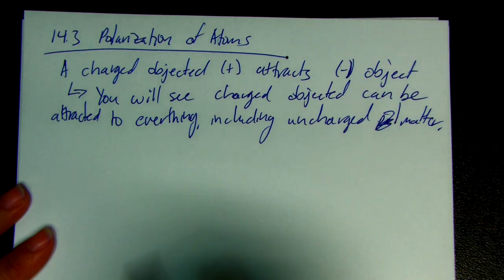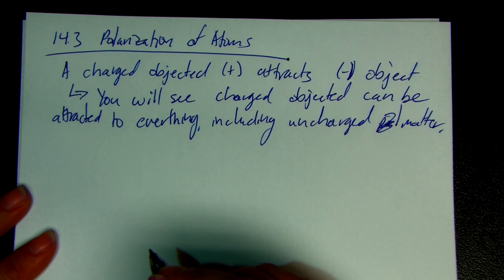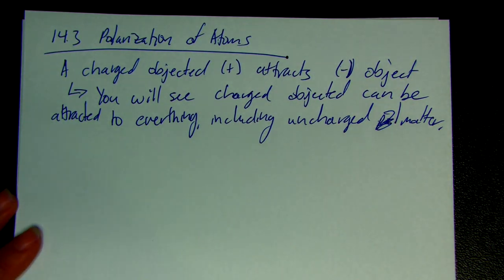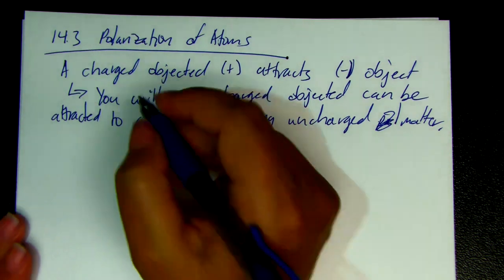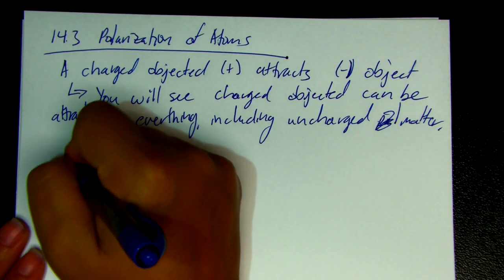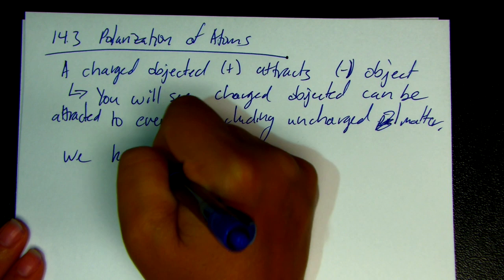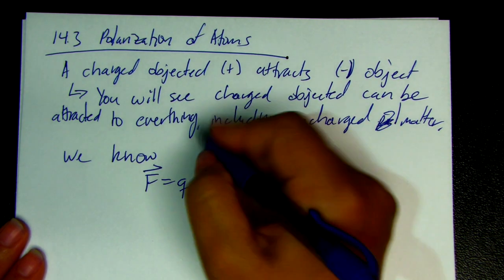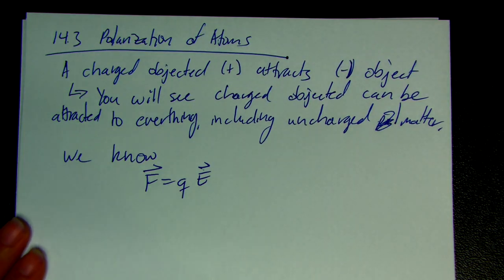You can test this out by rubbing your hair with a balloon and then seeing if your roommate's hair, which is uncharged, is attracted to it. And I think you know where that's going to go. All right, so we don't quite have the mechanism to explain how neutral matter can create a field, but we do know that force is equal to QE, so we can use this to go after an explanation.